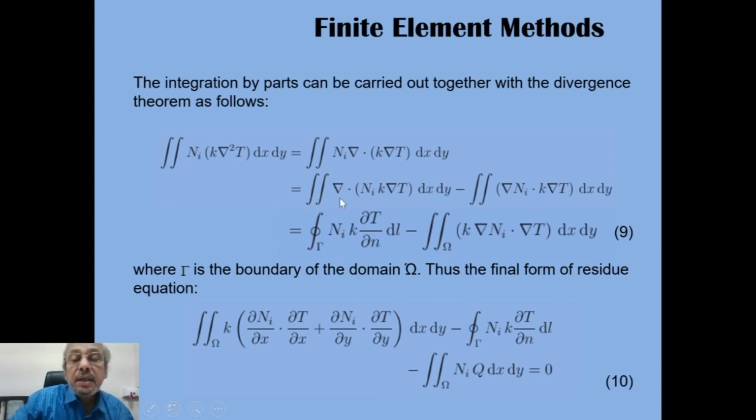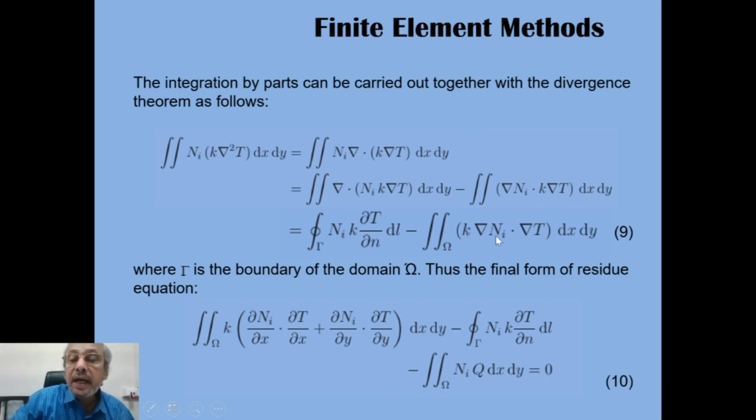And you can see that naturally this is converted into a line integral. This divergence of Ni k grad T will be simply Ni k del T/del n, a line integral over the boundary, where del T/del n is the temperature gradient in the normal direction on the confining boundary, and this remains as the surface integral k grad Ni dot grad T dx dy.